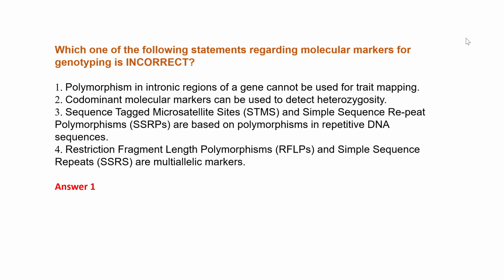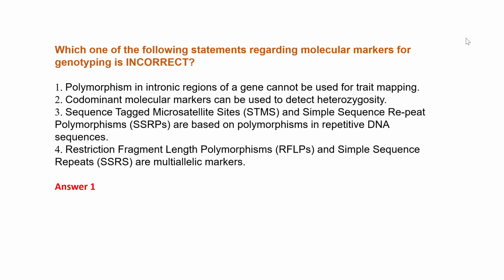Which one of the following statements regarding molecular markers for genotyping is incorrect? Option 1, polymorphism in intronic regions of a gene cannot be used for trait mapping. Option 2, codominant molecular markers can be used to detect heterozygosity. Option 3, sequence tagged microsatellite sites and simple sequence repeat polymorphisms are based on polymorphism in repetitive DNA sequences.